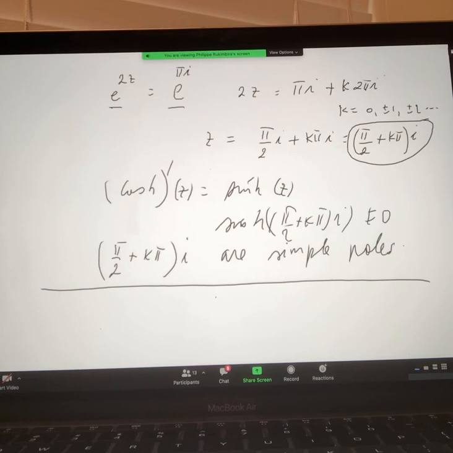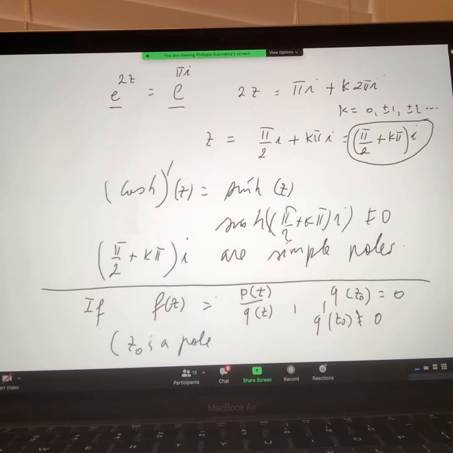So if f of z looks like P of z over Q of z, and Q of z0 equals 0, so z0 is a singularity, but Q prime of z0 is not 0, that makes z0 a pole of order 1.